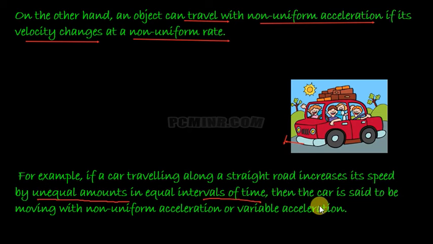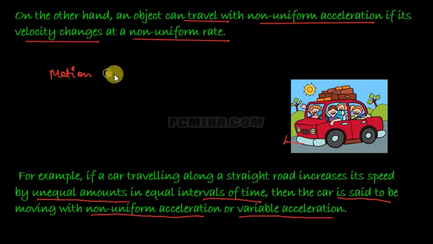And therefore, the car will be said to be moving with non-uniform acceleration or a variable acceleration. Generally, the motion of a car, or any vehicle on the road, is actually non-uniform acceleration.